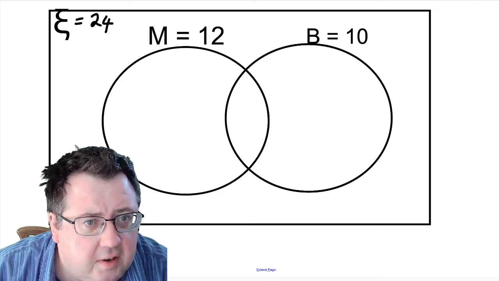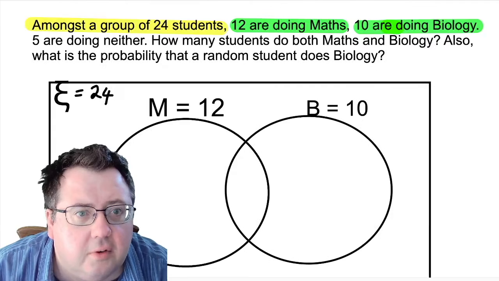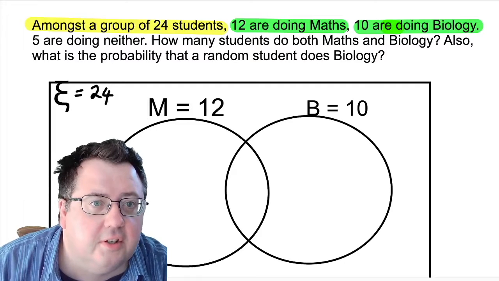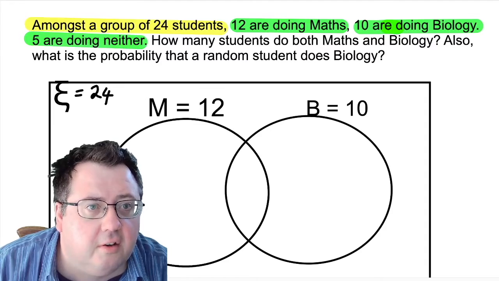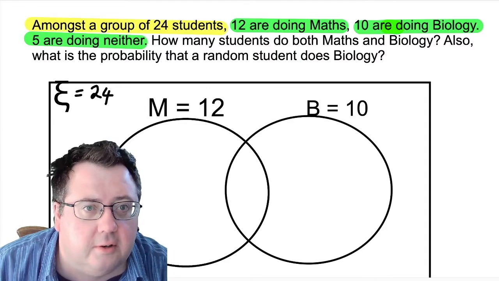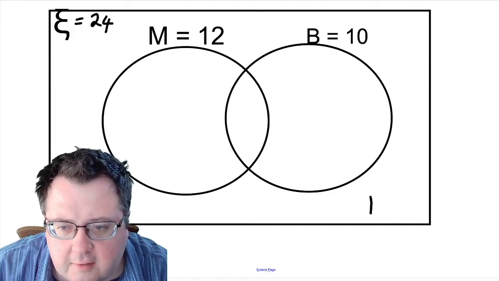So the first thing you have to do is hang on, sorry, I missed a piece of information. The piece of information I missed is that 5 are doing neither. Okay, so let's put that in as well. n equals 5.